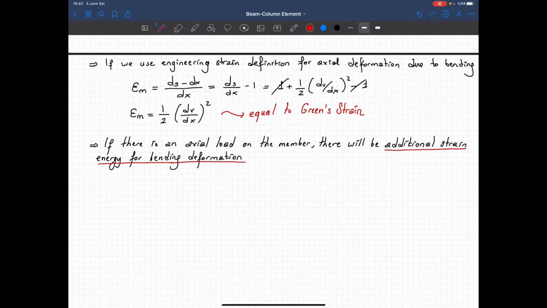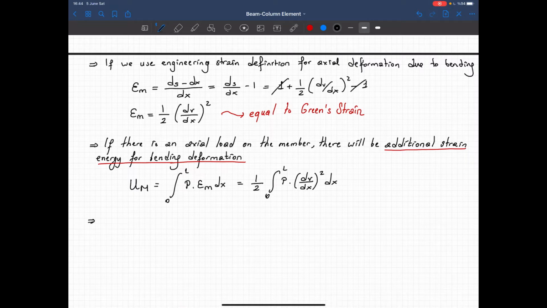In that case, that additional strain energy Um is equal to the integral from 0 to L of P times the membrane strain over the length of the member. If we put the Green's strain definition into that equation, we have 1 over 2 integral from 0 to L of P times (dV over dx) squared dx.